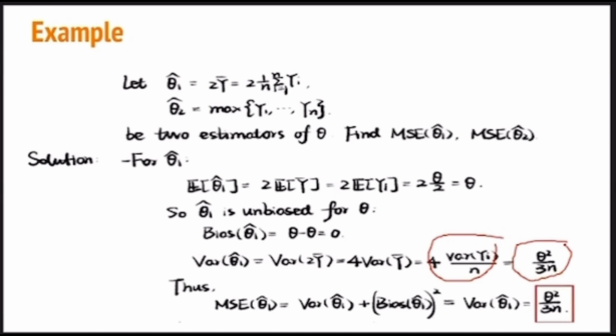The variance of y over n here, because the variance of y bar is the variance of y divided by the sample size from statistical theory. You remember we did that before: the variance of y is sigma square, and the variance of y bar is sigma square over n.